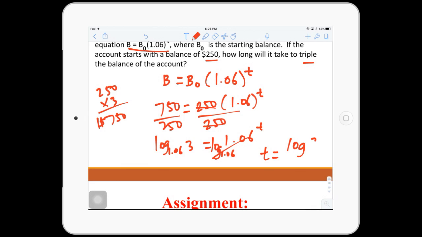We're going to use the change of base formula again: log of 3 divided by log of 1.06, and we're going to have approximately 18.85 years. And that's how long it is going to take the money to triple.